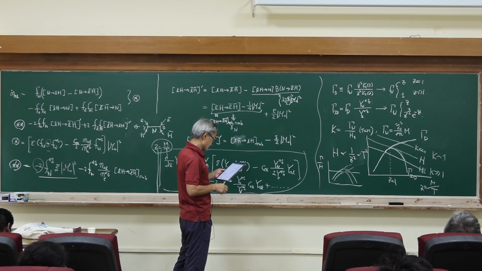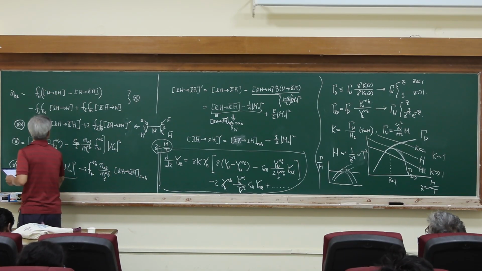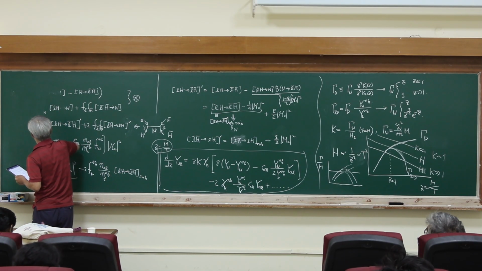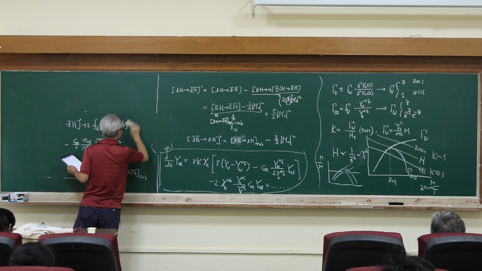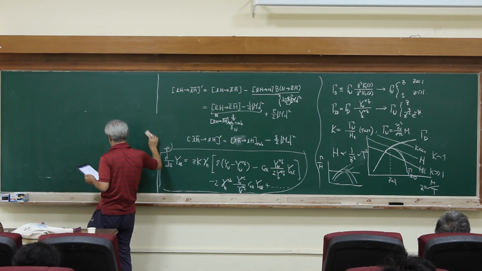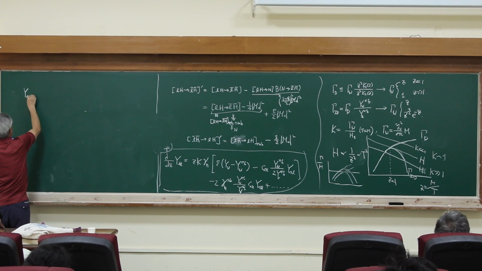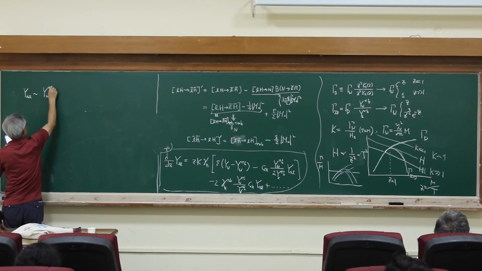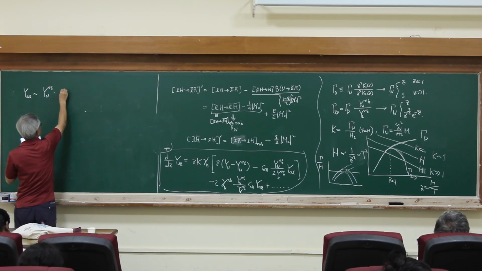Okay, so from this behavior, actually, you can parameterize the final lepton asymmetry like this.